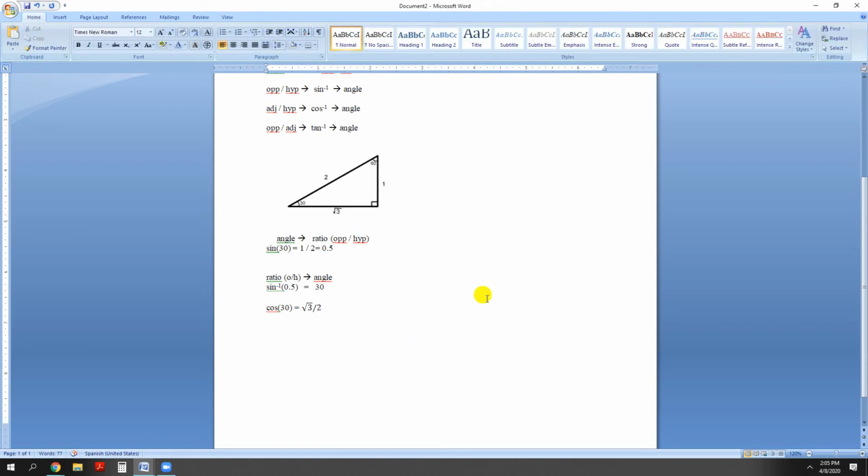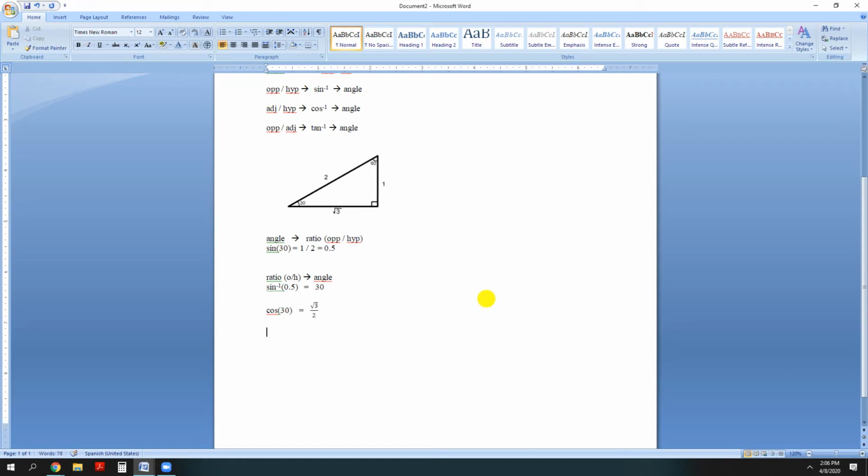Again, we're taking the angle and turning that angle into our ratio. That's what regular trig functions do. They take angles and they turn them into ratios.